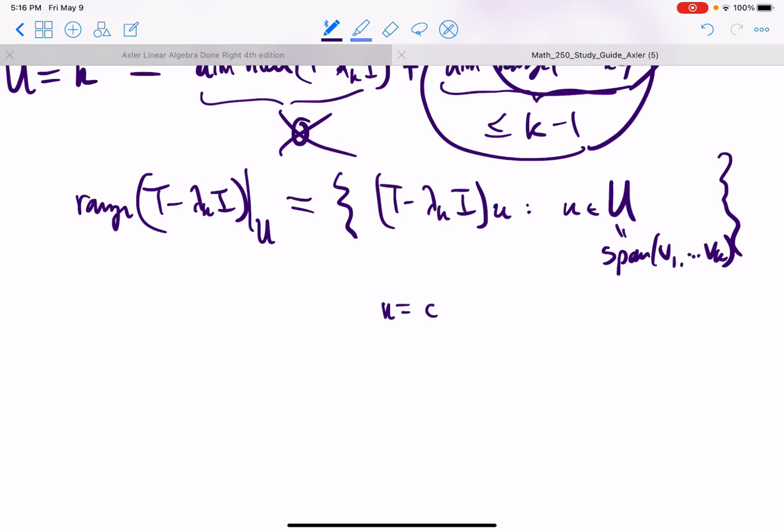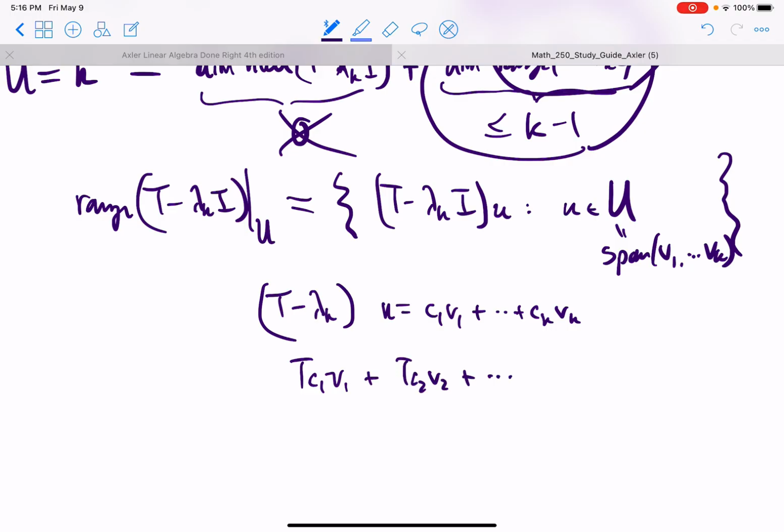Any little u in U can be written as c1 v1 plus all the way up to ck vk. Let's apply T minus lambda k to it. What do we get? We get T c1 v1 plus T c2 v2 plus all the way up to T ck minus 1 vk minus 1 plus T ck vk.